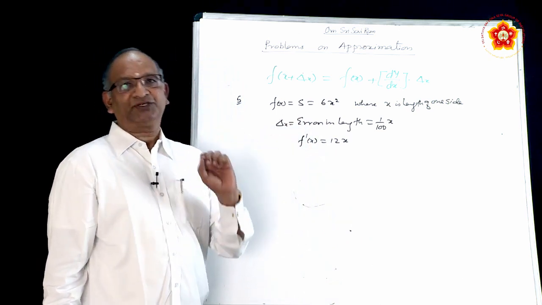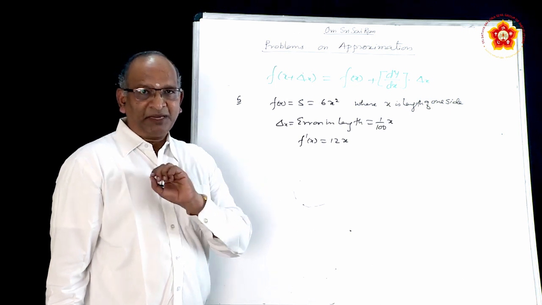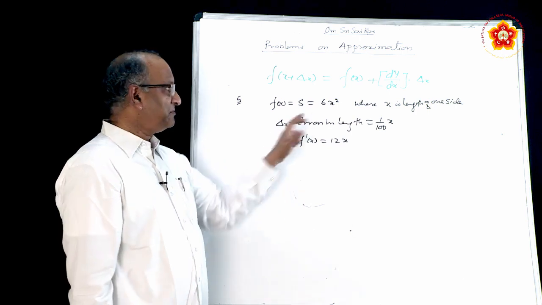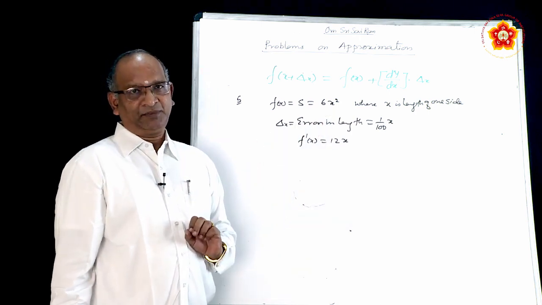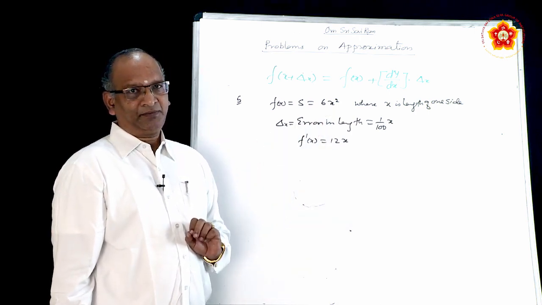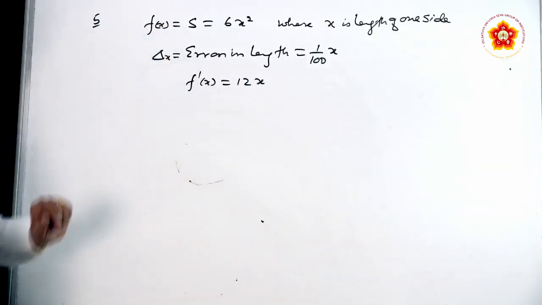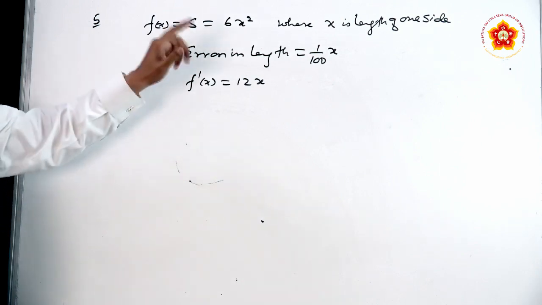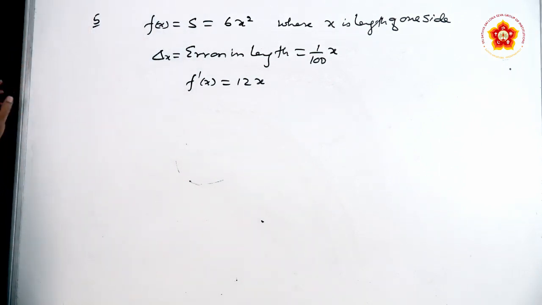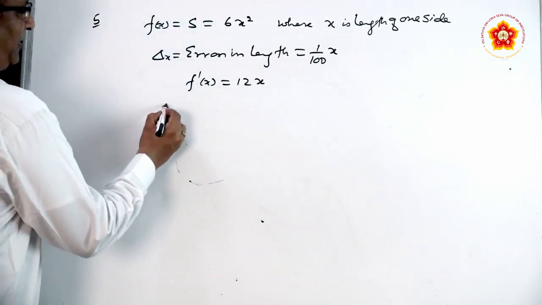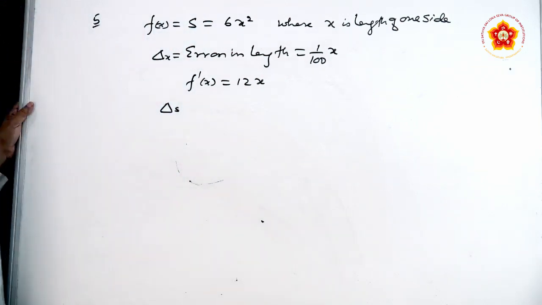Because that is the change. Instead of measuring it as x, he has measured x with this small error, x by 100. So that is delta x. We know delta x, we know f dash x, we know f(x), and all other things are known. We need to find out the error in surface area. We want to find out delta S.